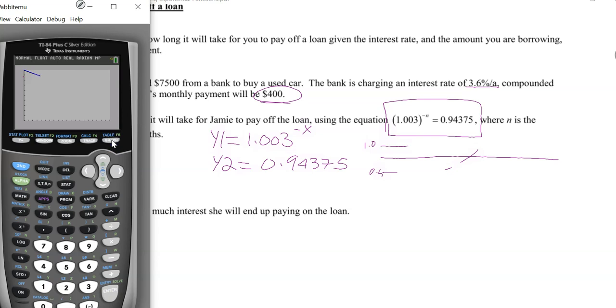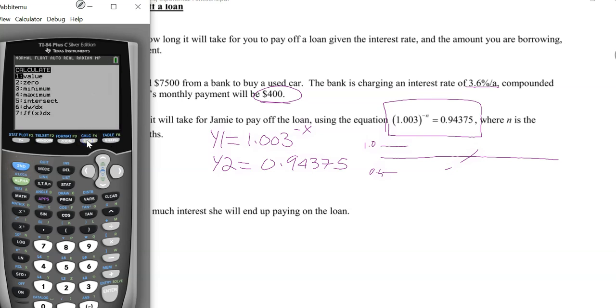Hit graph. Okay, so there's the exponential function, which is actually looking like exponential decay. And there's the amount that we, this amount here, and it is pretty close to 20.